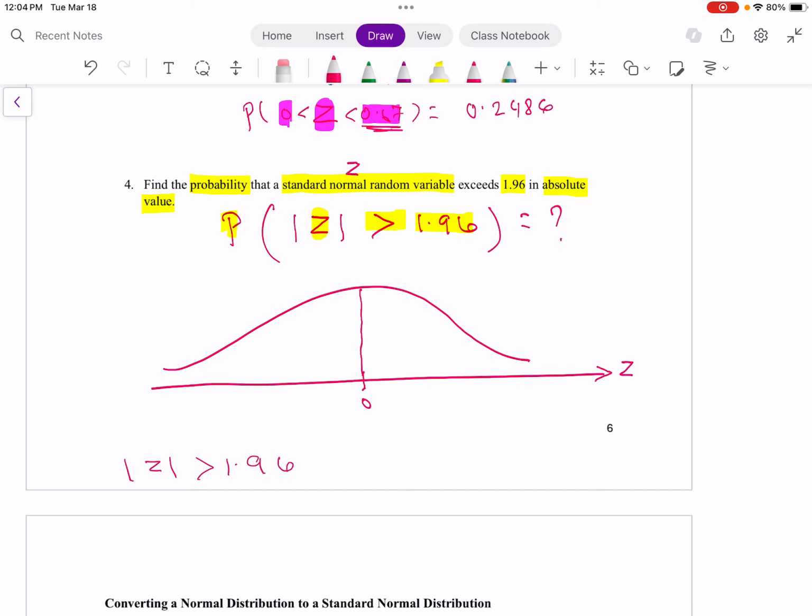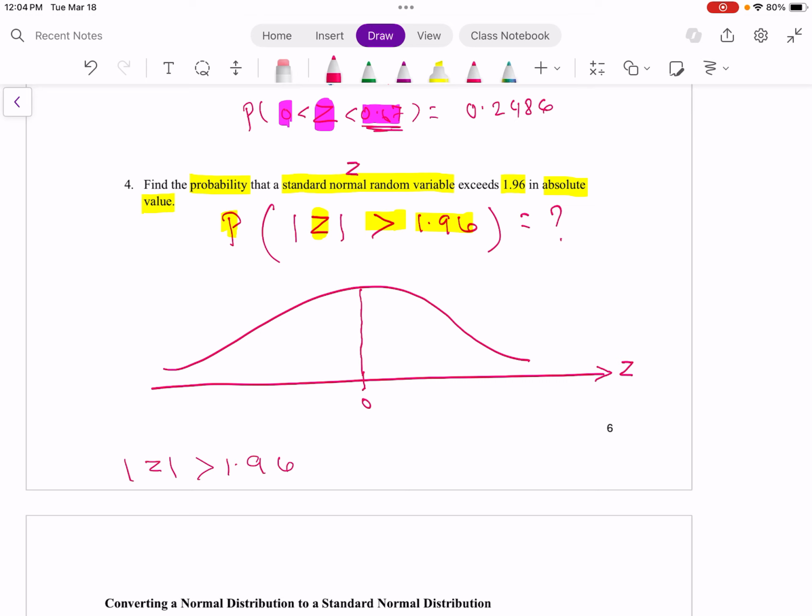How can we rewrite this inequality without using the absolute value sign?